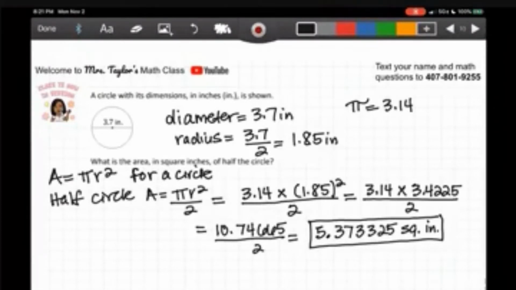Of course, if you had to round it to the nearest tenth, it would be 5.4 square inches. If you need to round it to the nearest hundredth, it would be 5.37 square inches. But it doesn't indicate what to round to. But those would be possible answers there. Okay, let's keep going.